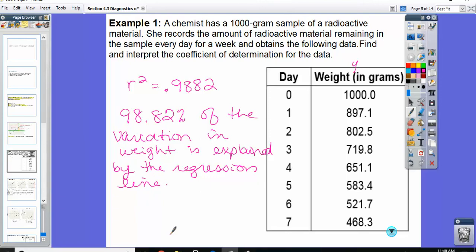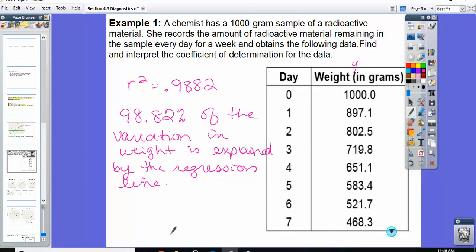So that means for this particular example, there's only 1.2% of the variability that's unexplained. So this is an excellent line. It's explaining almost 99% of the variability.